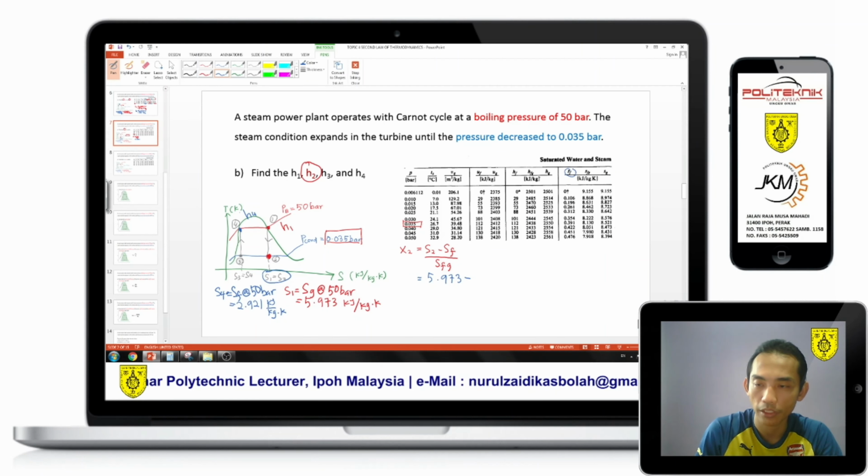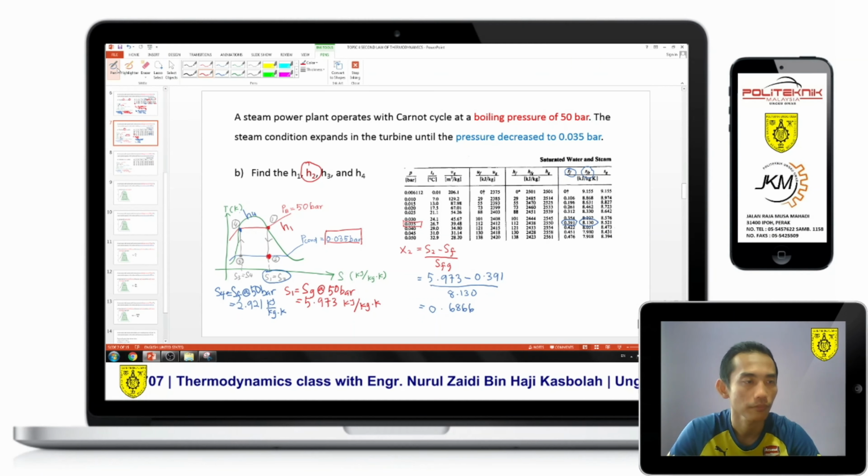We find the value of Sf from the steam table, 0.391, divided by Sfg, which is 8.130, and this is equal to 0.6899.